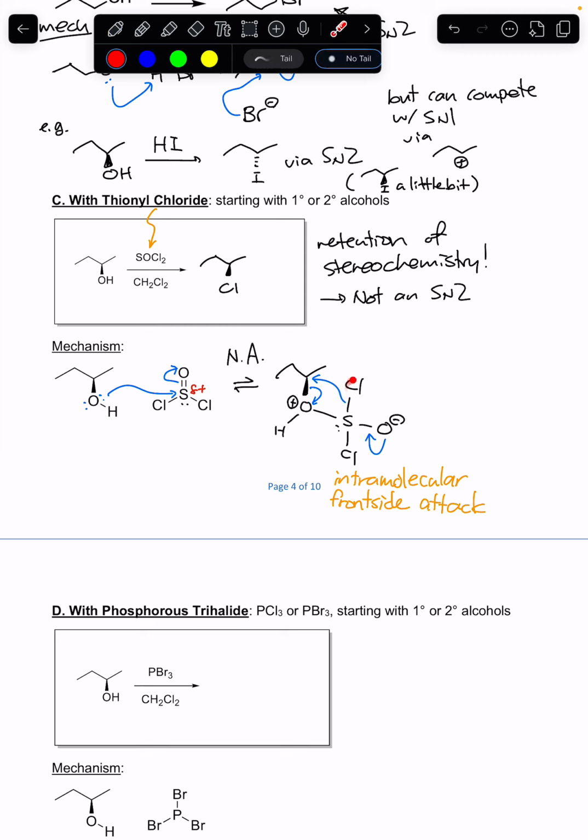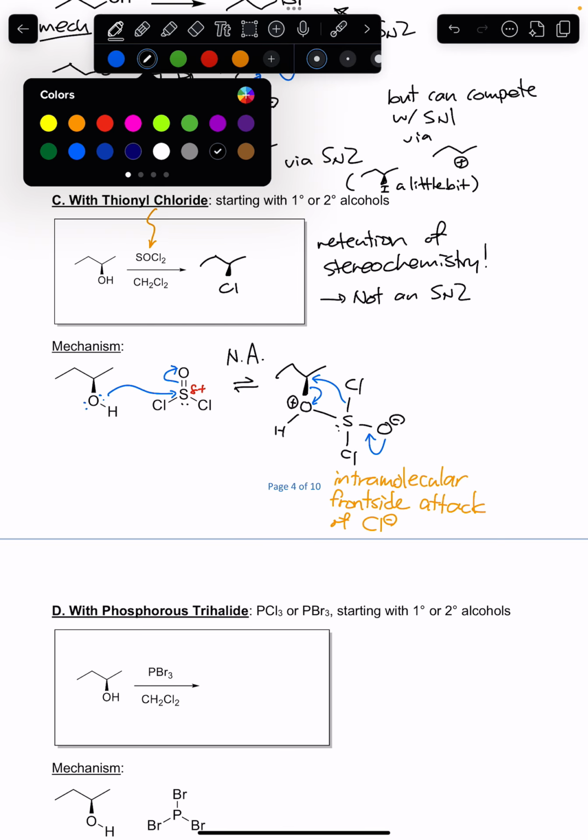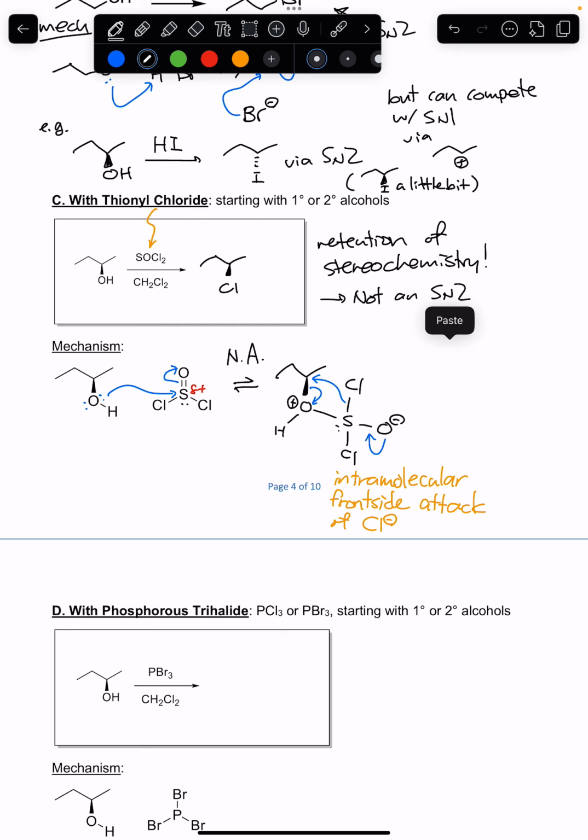The orientation of this chlorine on this thionyl chloride is just so that you cannot reach the back side of it because it's kind of too far. But it attacks from sort of the same side as the alcohol in the thionyl chloride.